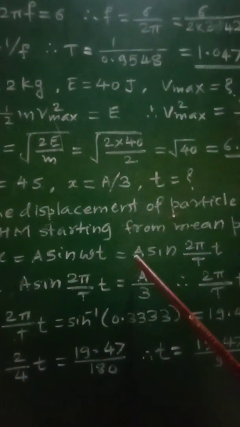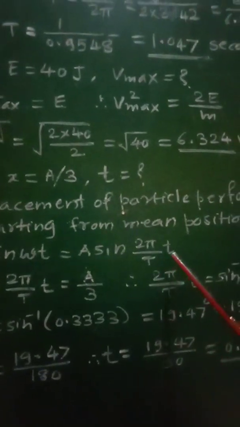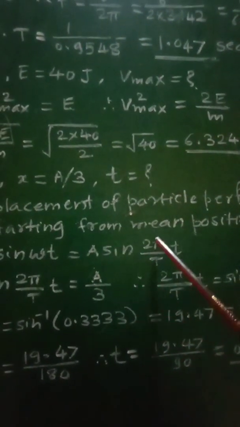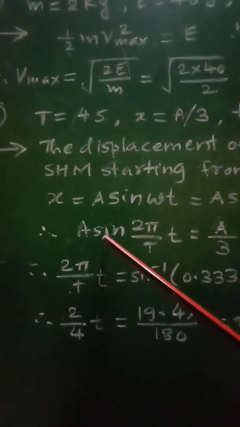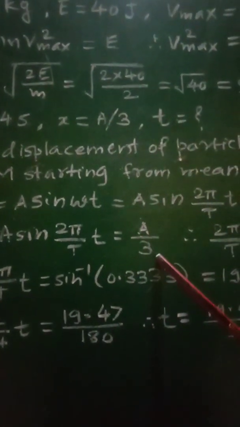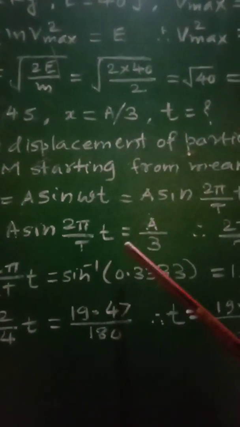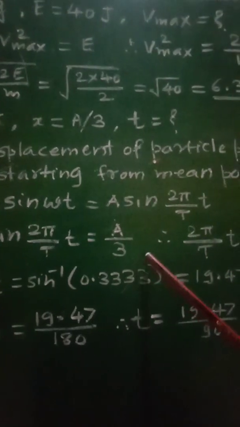That will be written as a sin, omega is 2 pi by T, into t. Therefore a sin 2 pi by T into t is equal to a by 3.